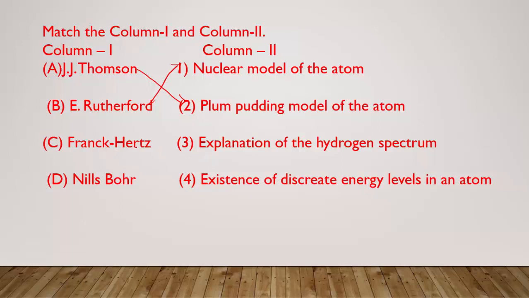Frank Hertz explained the existence of discrete energy levels in an atom, and Niels Bohr gave the theory of hydrogen spectrum. J.J. Thomson gave the plum pudding model of the atom. Rutherford gave the nuclear model of the atom. Frank Hertz gave the existence of discrete energy levels in an atom, and Niels Bohr gave the explanation of the hydrogen spectrum.